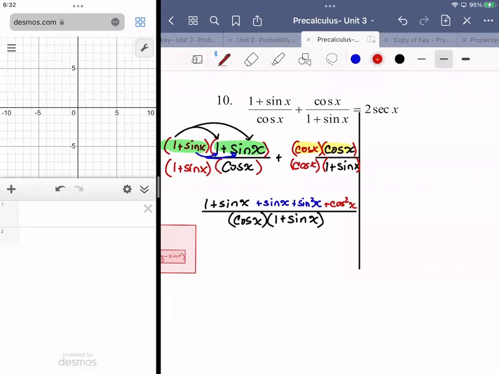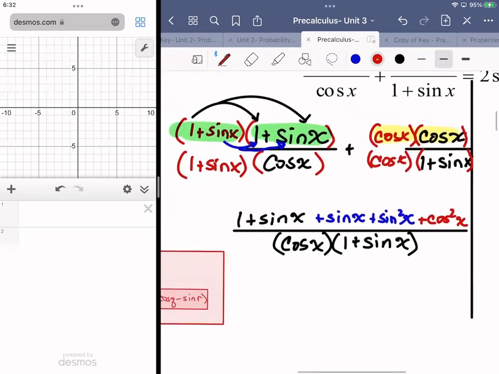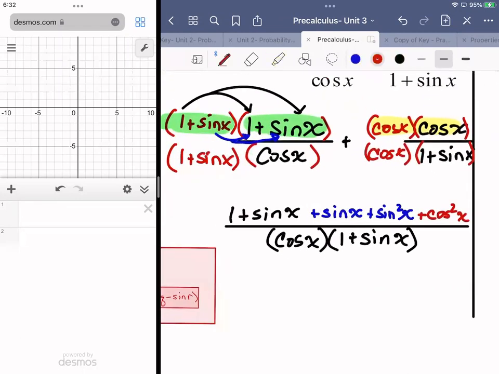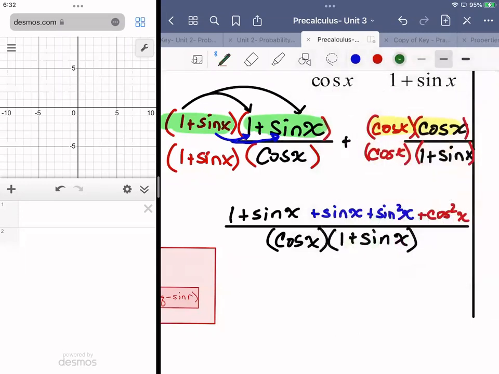Good. So then we take a closer look at what we have here. You might notice that hidden in this big old mess here is a trig rule. We have sine squared x plus cosine squared x. It's not a standalone expression, but it doesn't have to be. Right?